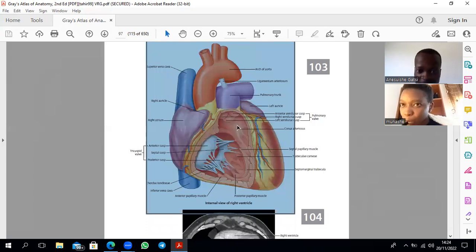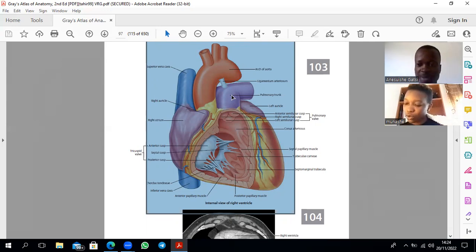This region higher up here, which leads into that purple vessel there, is shaped like a funnel. So infundibulum simply means funnel shaped. It is the tract that carries blood from the right ventricle into the pulmonary trunk, and we call it infundibulum because it's funnel shaped.